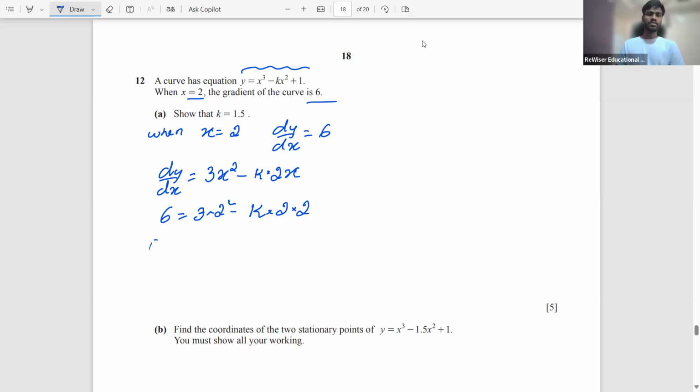So 6 is equal to 3 times 2 squared, which is 3 times 4, which is 12, minus 4 times k. I'll take 4k to the left-hand side, 6 to the right-hand side. So 4 times k is equal to 12 minus 6, which is 6. That will give us the value of k to be 6 over 4, which is 1.5. This is what we're supposed to show.